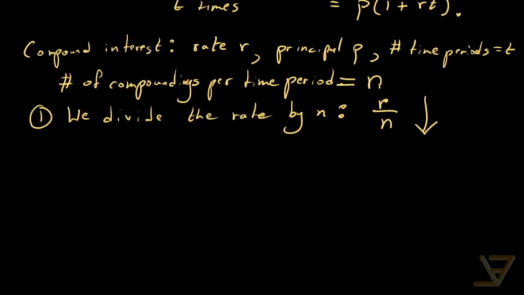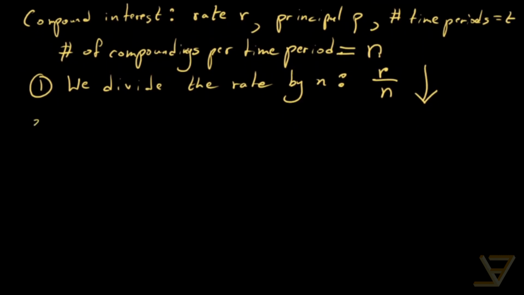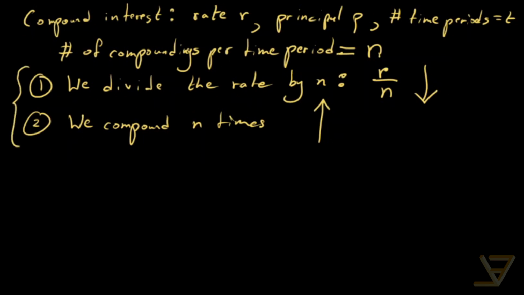However, there is an upshot, and the upshot is that we compound N times. So this is advantageous to the receiver because you're compounding several times. And I'll show you now exactly what I mean by these two things.